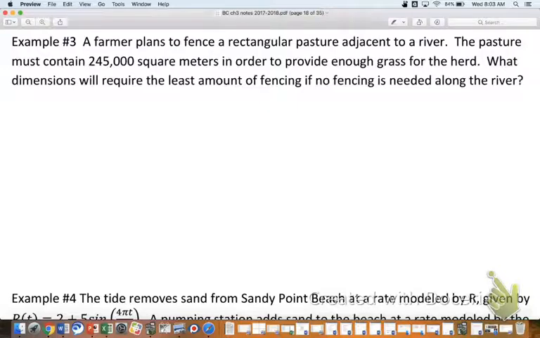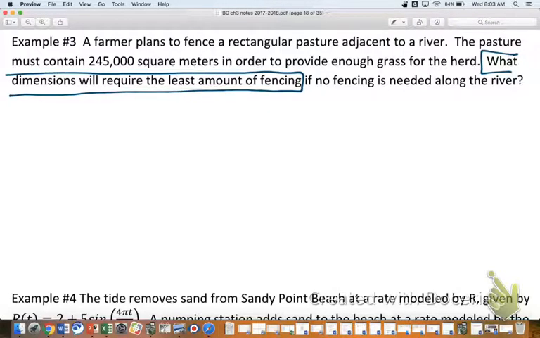What are we trying to find? What is the question you're asking us to get to? Yeah. What dimensions will require the least amount of fencing? So in the end, I'm going to need a length and a width for the dimensions of this rectangular field.